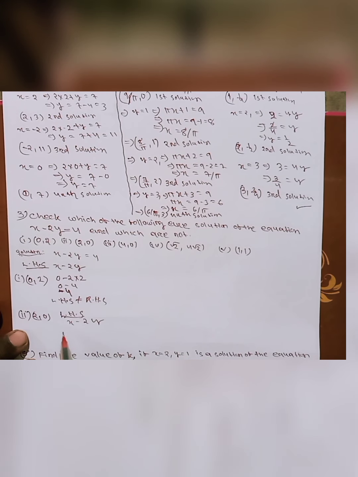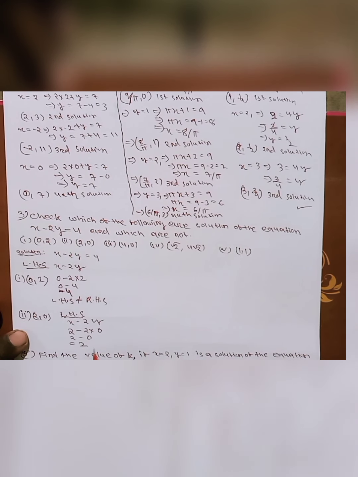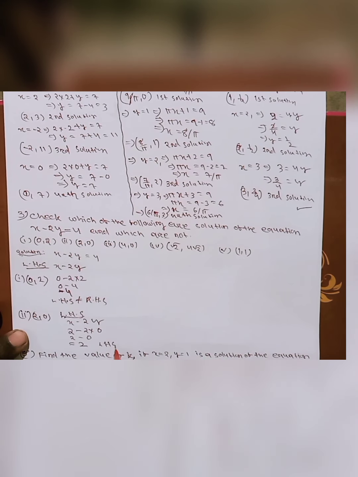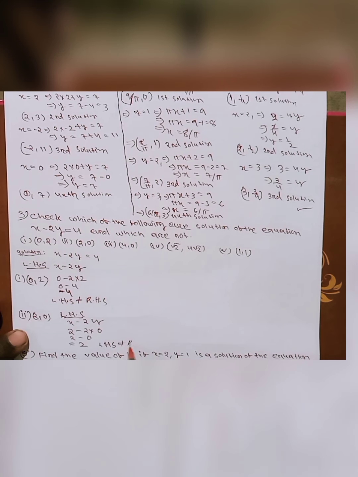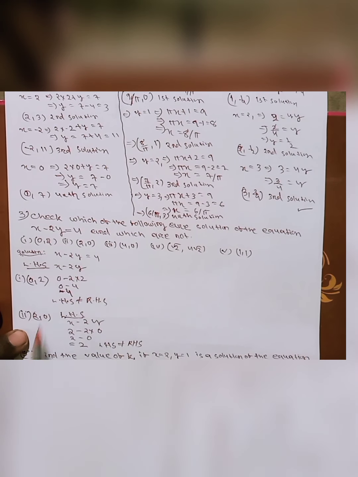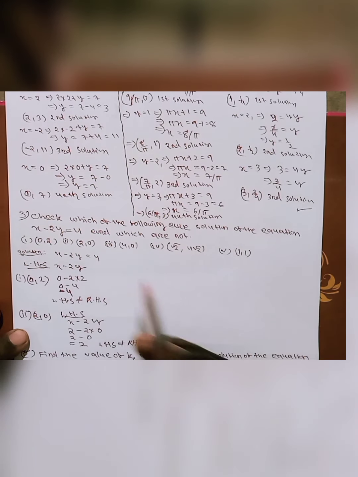Put the value 2 in place of x and 0 in place of y: 2 minus 2 into 0, and 2 minus 0 is equal to 2, but RHS is equal to 4. Here LHS is not equal to RHS. So this pair of values is not the solution of the given equation.